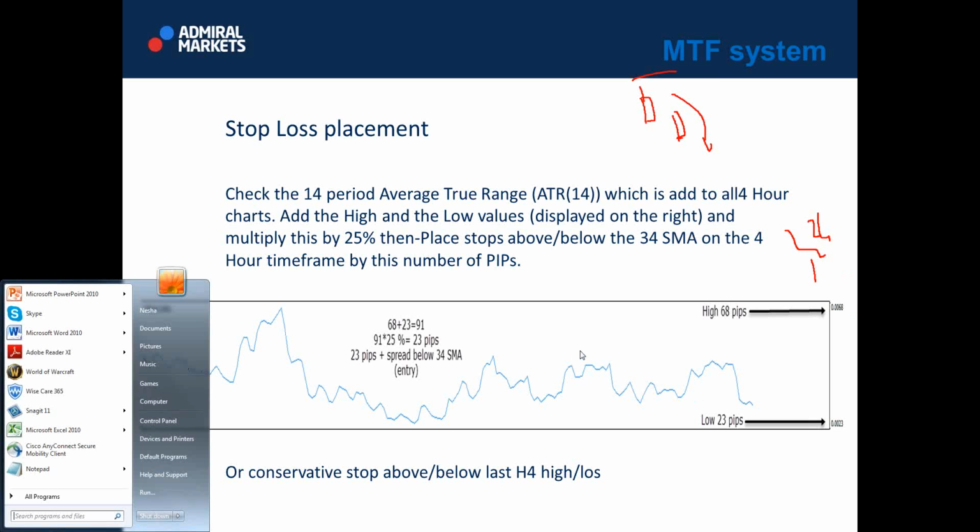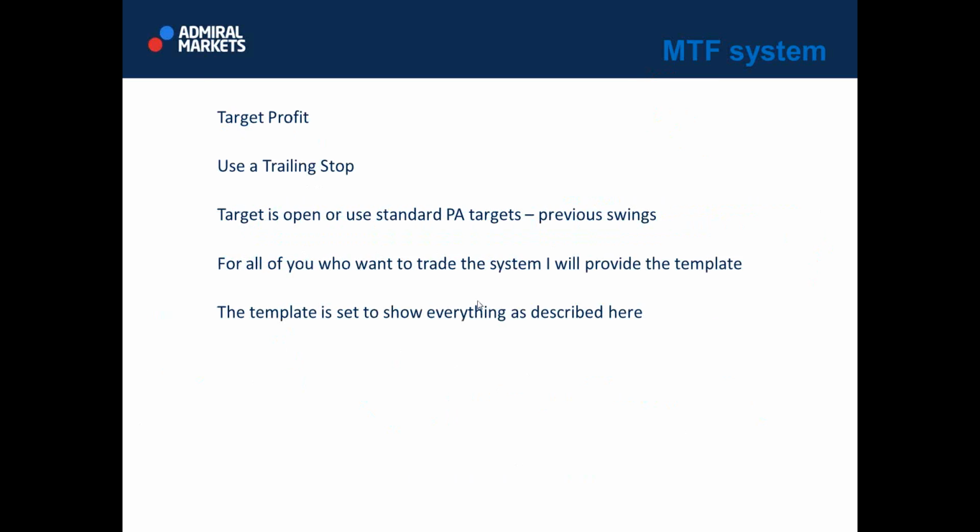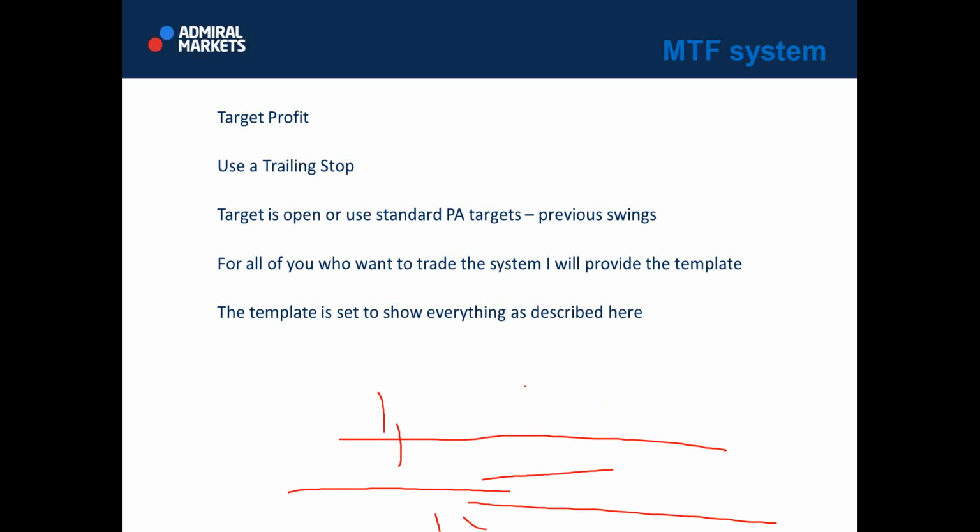It will usually be 20 to 30, but not below 20. And sometimes you can grab a move of 100 pips. You know about all of those lines which we used, previous swings, previous lows, whatever.